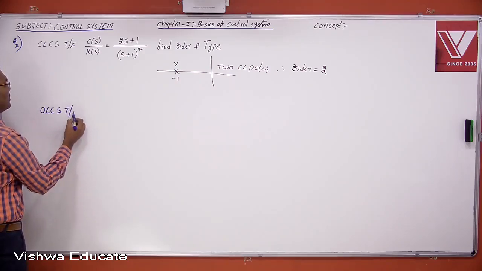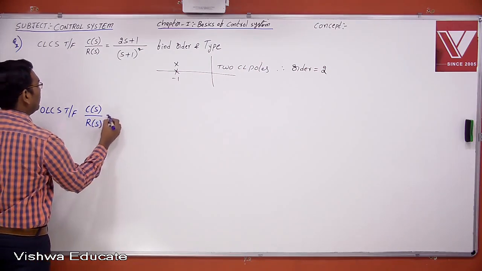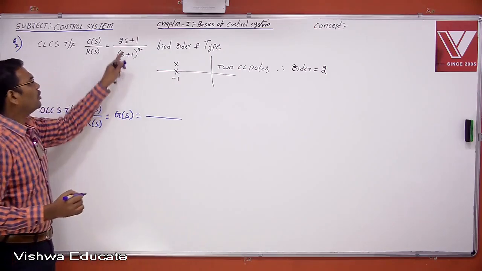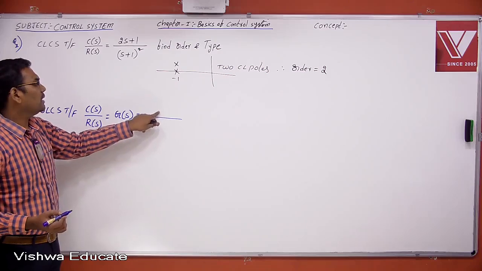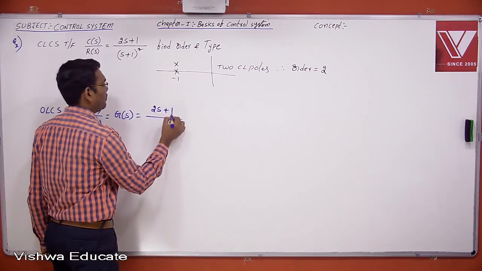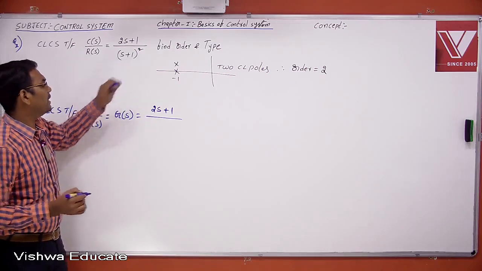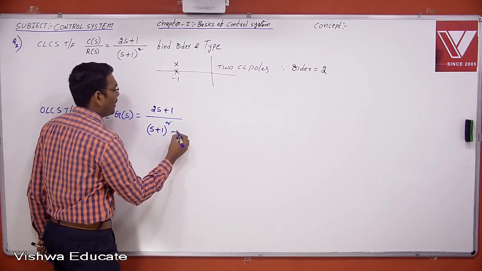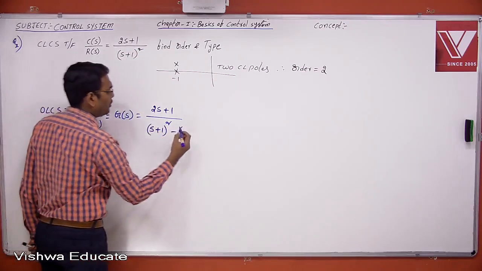This is the open loop transfer function, the forward path gain. The numerator of the open loop control system is the same as the numerator of the closed loop control system, 2s+1, and the denominator of the open loop control system is the denominator of the closed loop control system minus the numerator of the closed loop control system.